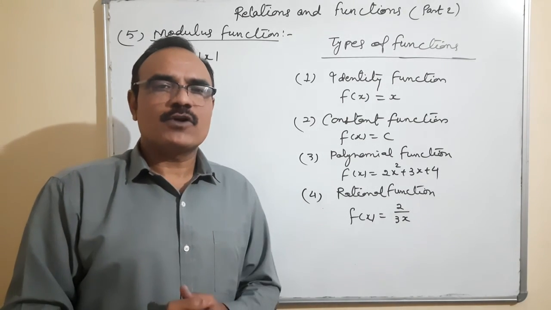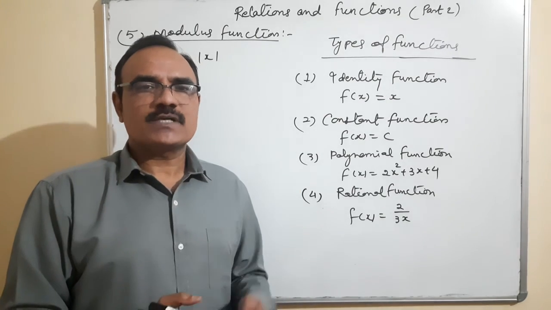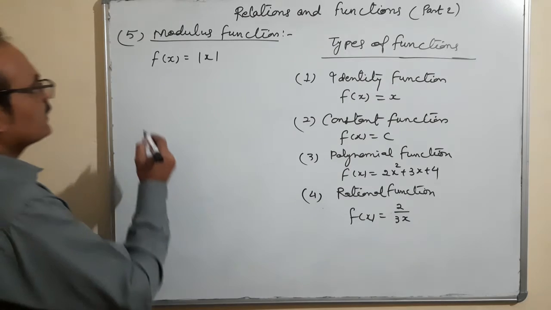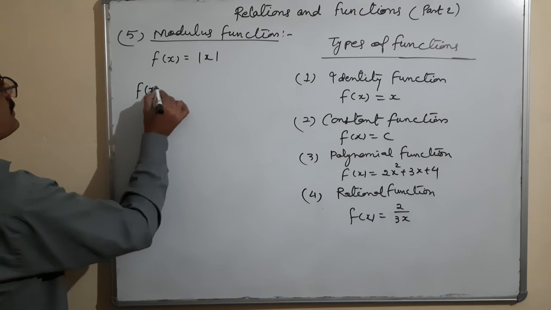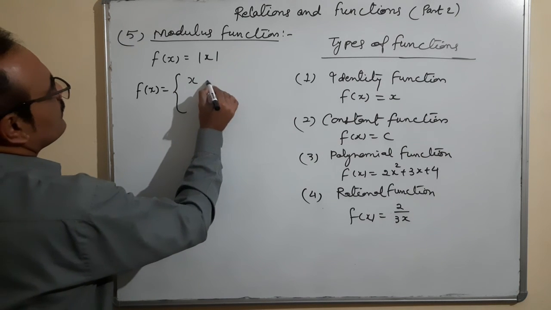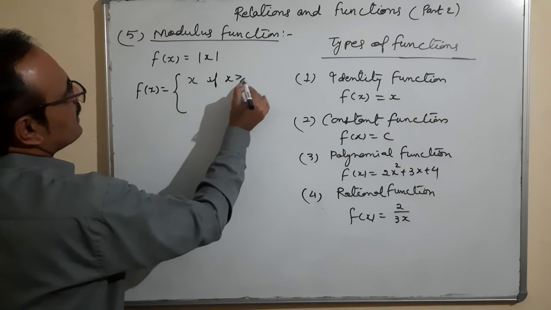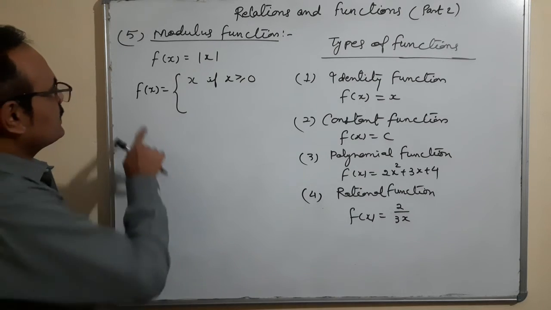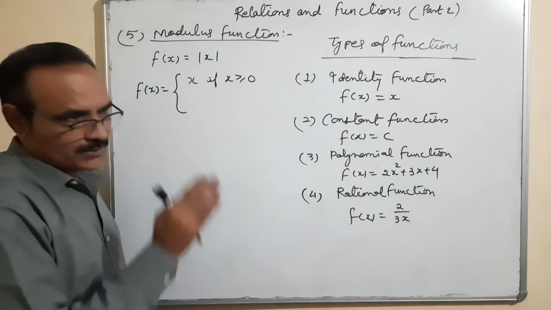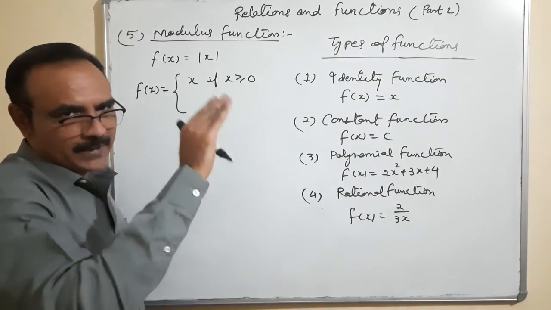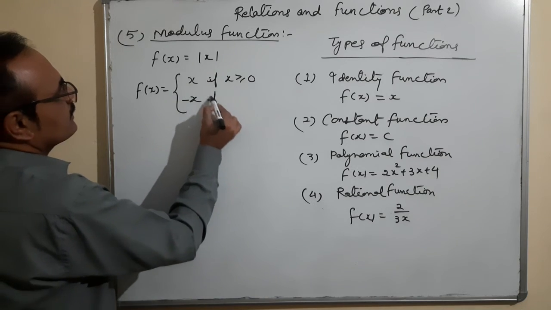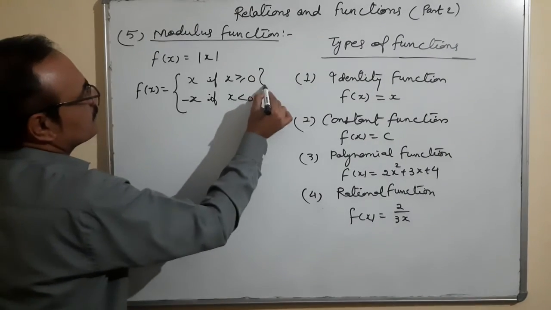But in the modulus function, whenever the terms are given in the form of a variable, it is properly defined: f(x) = x if x is greater than or equal to 0, that means all positive terms having plus x, and f(x) = -x if x is less than 0.